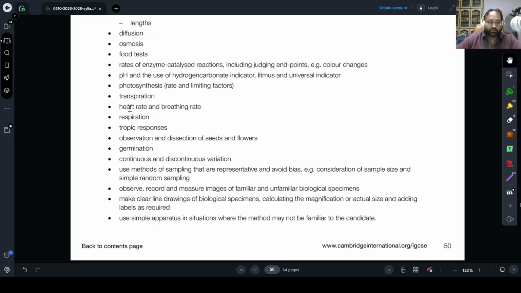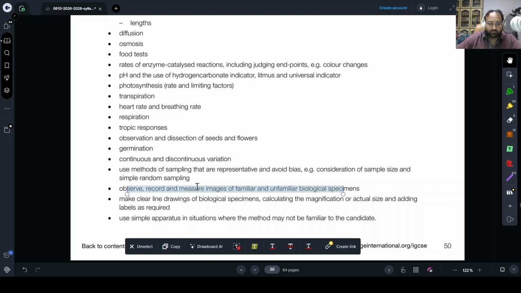So you've got transpiration, heart rate and breathing rate, respiration, tropic responses, observation and dissection of seeds and flowers, germination, continuous and discontinuous variation, and sampling that is representative and avoids bias, considering sample size and random sampling. Observe, record and measure images of familiar and unfamiliar biological specimens.